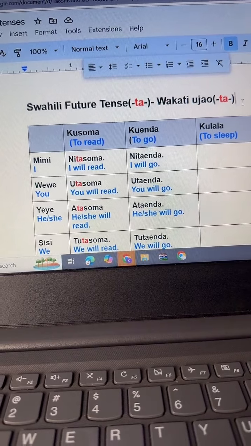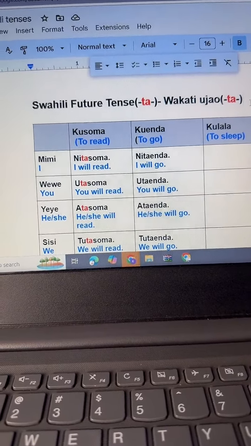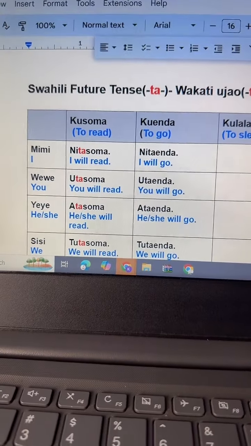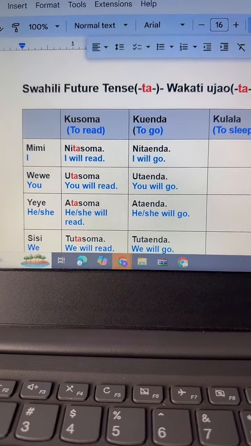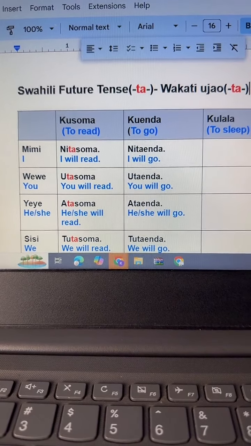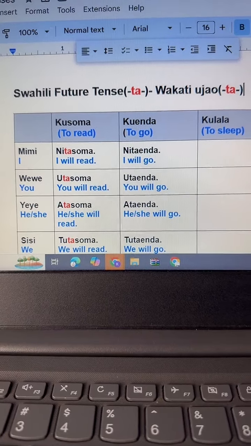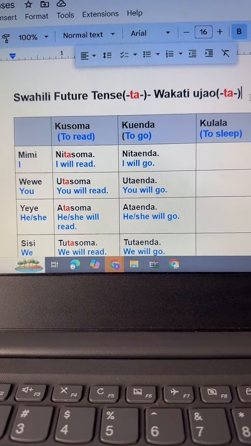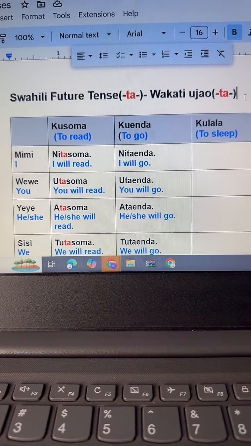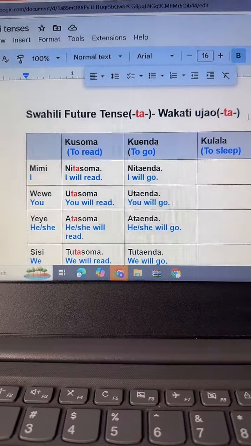We also talked about the past tense and its negation. And also remember, the present tense is represented by the marker na, while the past tense is represented by the marker li. Now here is the future tense, which is represented by the marker ta, as you can see on the screen there.